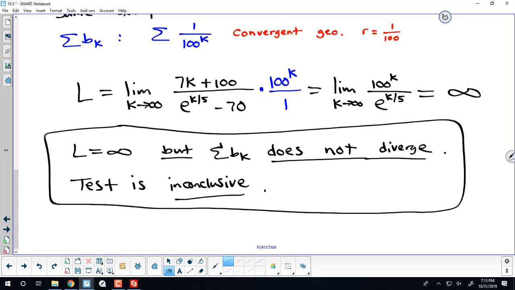But we've seen instances, the reason we have different tests is because there are situations where certain tests may not even apply, or you might end up with an inconclusive result, so then you have to use another test. But as long as you can come up with it converging or diverging by one of these, it's enough. You don't have to use any more than that. It's a good question. Any other questions?